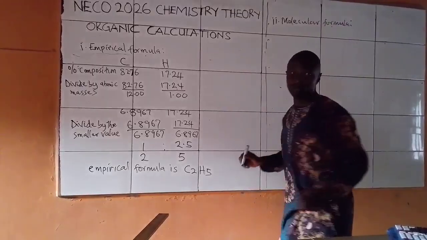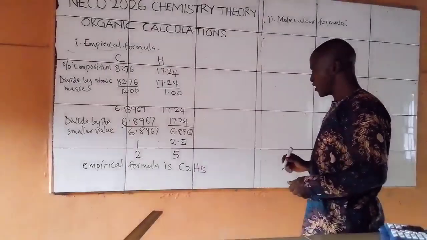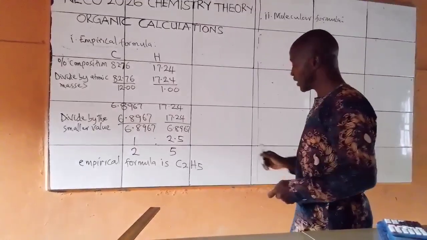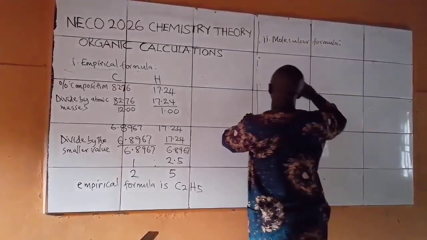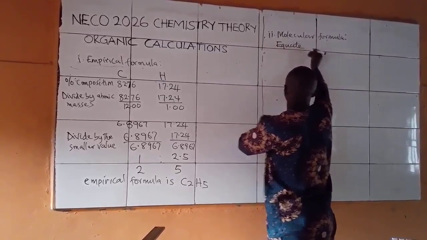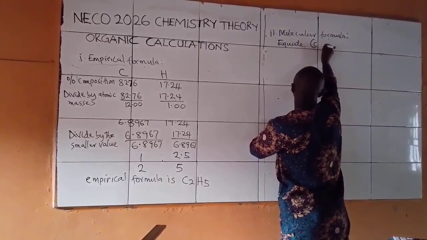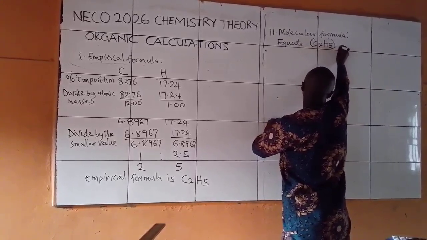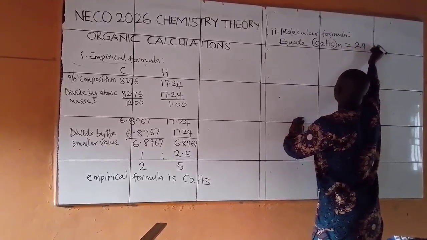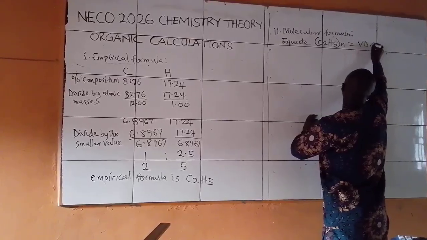In order to calculate the molecular formula, we make use of the vapor density and the empirical formula. Which means that we are to equate C2H5N times n equals VD times 2.